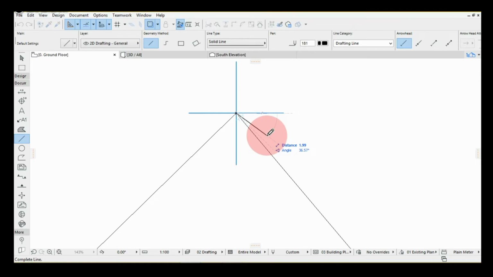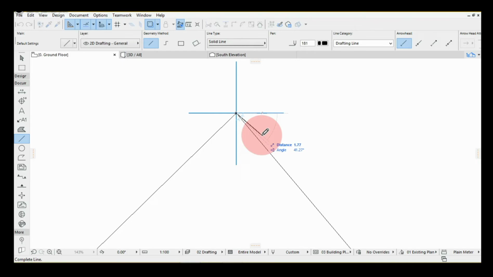Then I subtract this 39.767 degrees from 90 degrees so that I will get this angle. 90 degrees minus 39.767 degrees, I'm going to have 50.233. So I'm going to type 50.233 as the angle.